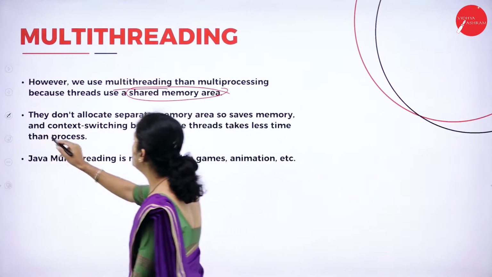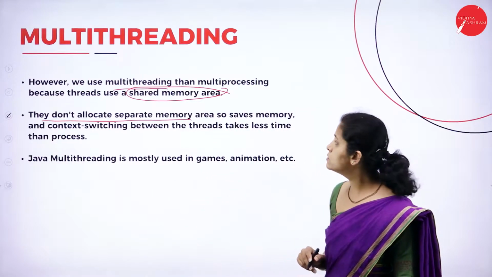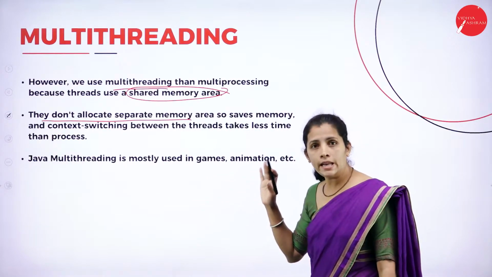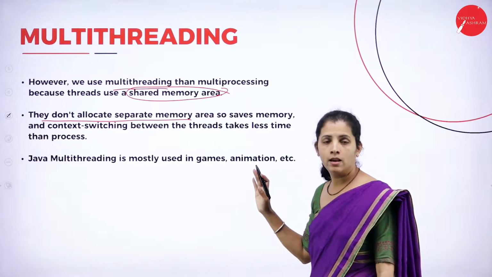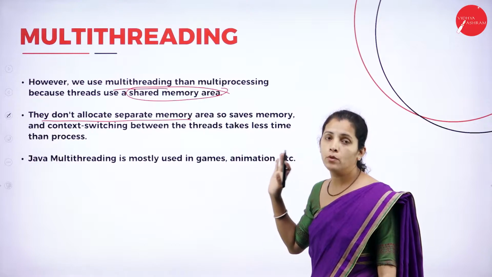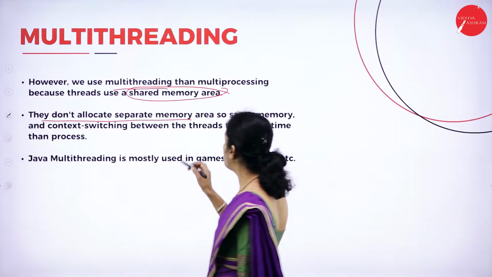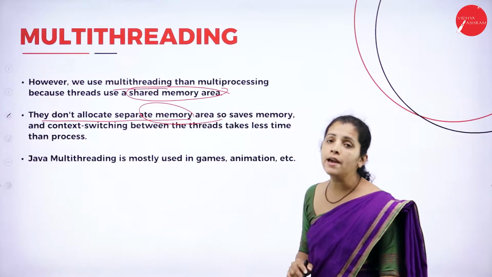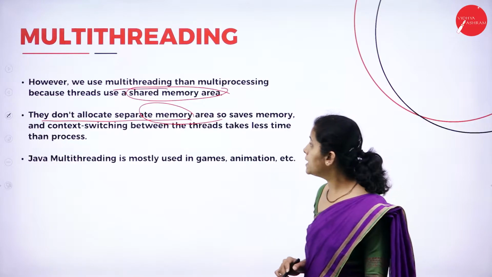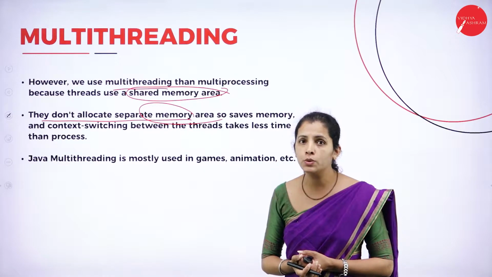They don't allocate separate memory area. That means when I create any thread, it is not going to occupy any separate memory location. So, it saves memory as well as context switching. What is this context switching?